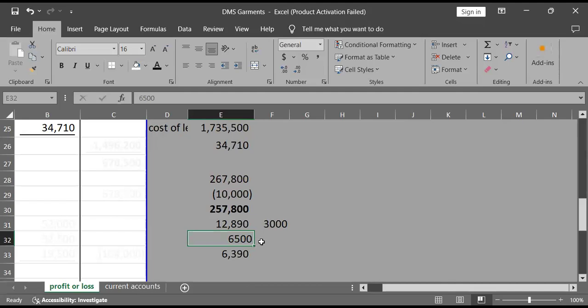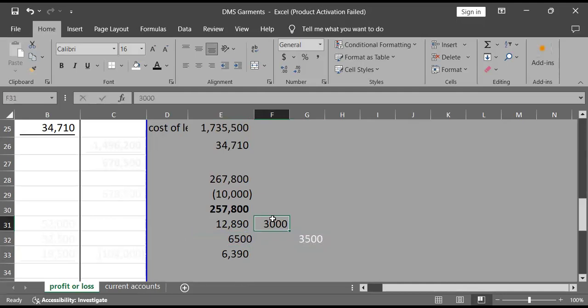And so in that case, we would have gotten the difference, which is 6.5 minus the 3,000. And that means that our provision would have reduced by 3,500. This 3,500 would have been shown as an income in our statement.